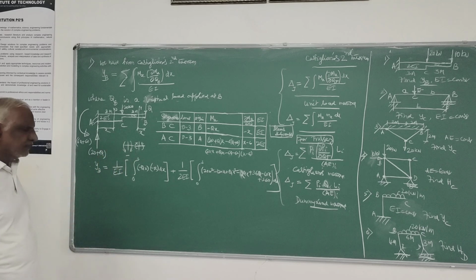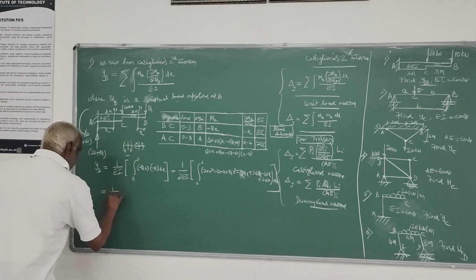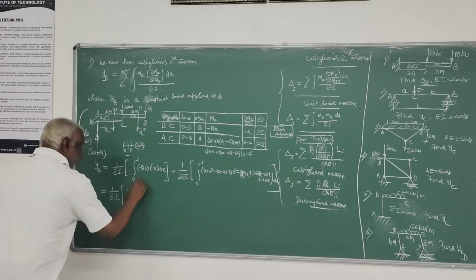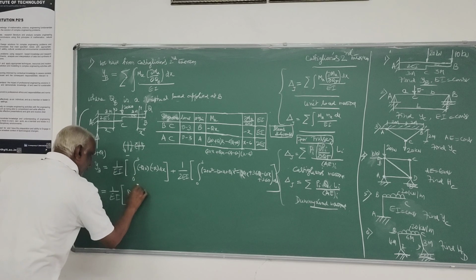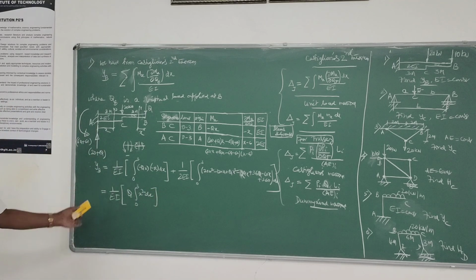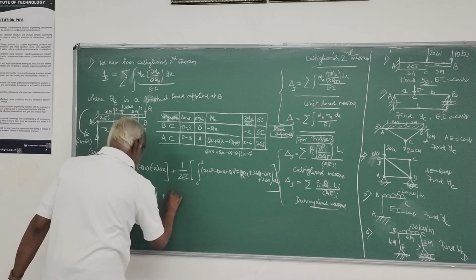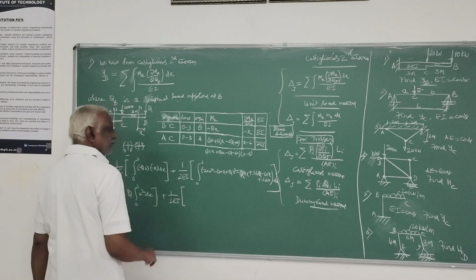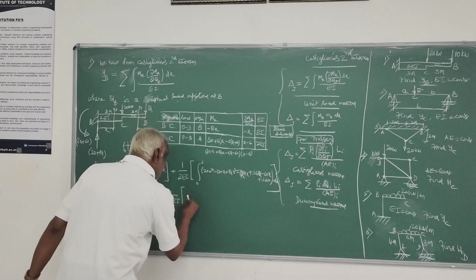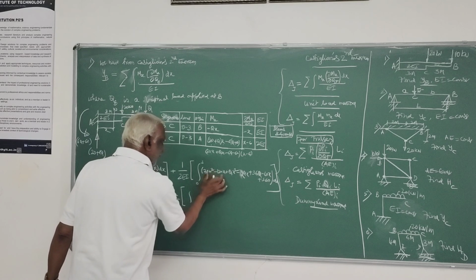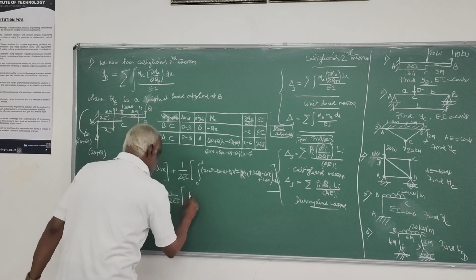We integrate it now. So this is equal to 1 over EI, this is 2x square dx, that is q into integral x square dx. Q I will take outside. Then plus 1 over 2EI, integral.